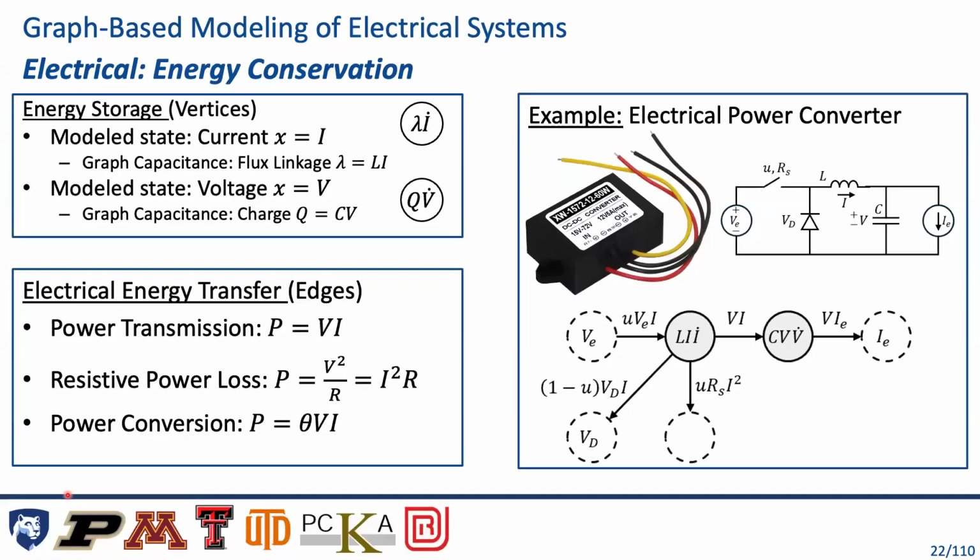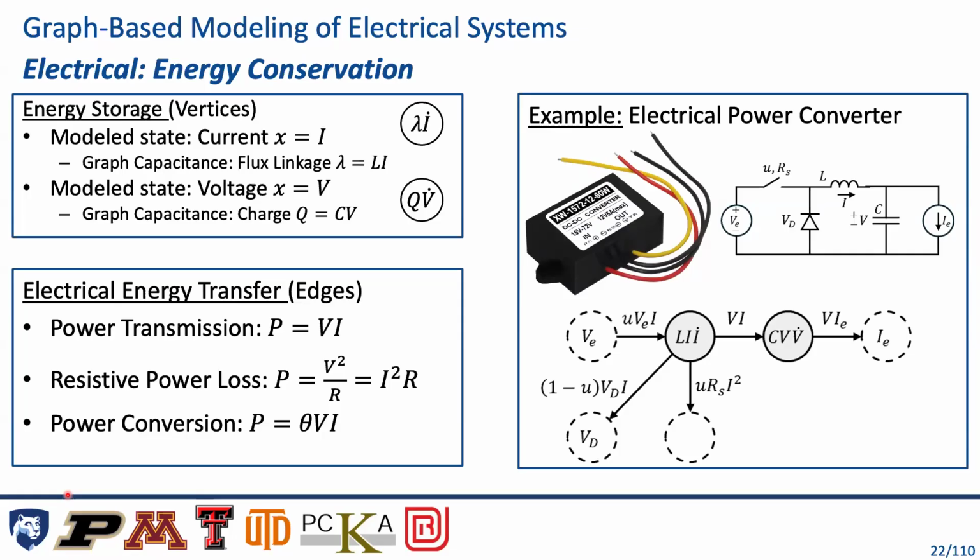If you're mechanically minded, maybe you like levers and gears. But this is the general approach we take to modeling these types of systems. Over here on the right, I show a simple example of an electrical power converter, something that will buck a high voltage input to a lower voltage on the output side.